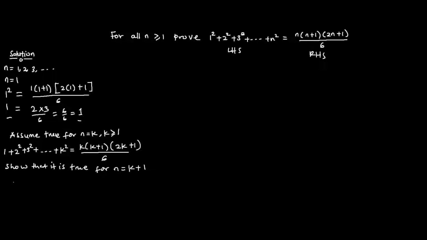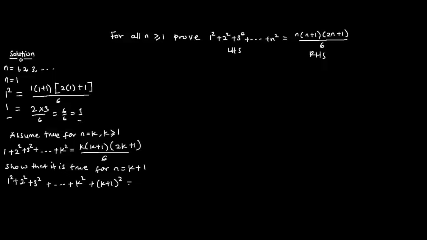So now we have the series to be 1 to the power 2 plus 2 to the power 2, then plus 3 to the power 2, then plus all the way to k squared, and then plus k plus 1 squared.